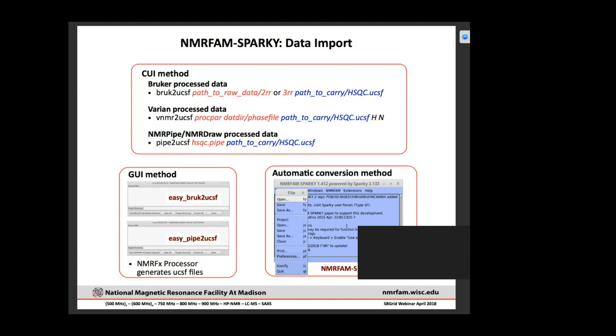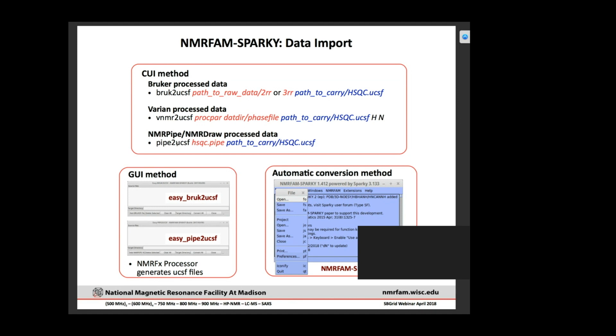Or if you prefer using NMRPipe, which is a great command line Unix pipeline-based tool with many good features to enhance your spectral quality, you can use NMRPipe files as inputs to import data into Sparky too. With the CUI method, the command line user interface method, you just use the handy tools that come with Sparky, bruk2ucsf or varian2ucsf or pipe2ucsf. Then the UCSF file you generate can be readily imported into the Sparky project.